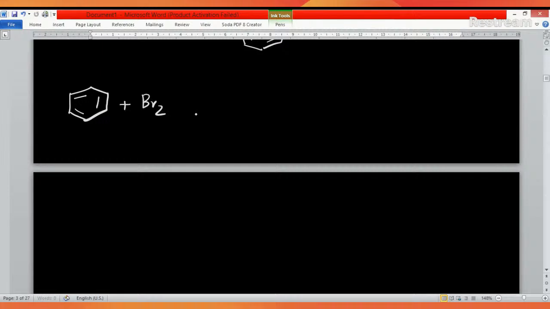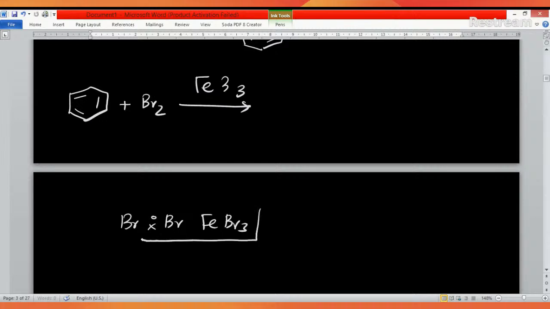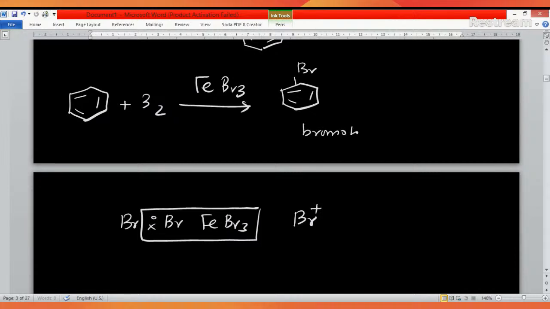If you want to carry out the bromination reaction, you must go with ferric bromide, because in the bromine there is a covalent bond, and the ferric bromide will take up the Br in the form of Br minus, so that the electrophile can be generated. On the introduction of the electrophile in the molecule of benzene, you can have a compound by the name bromobenzene.